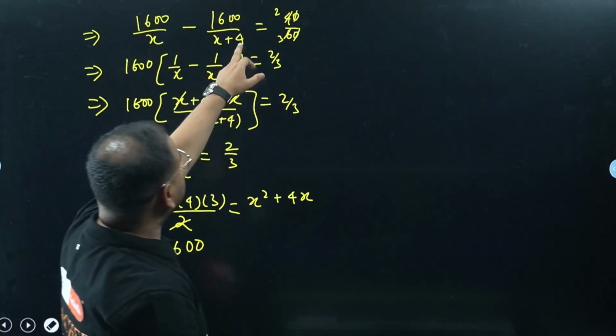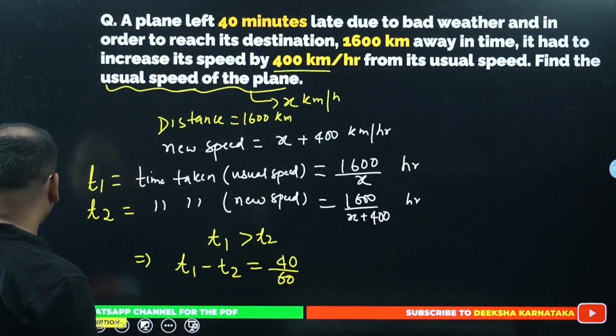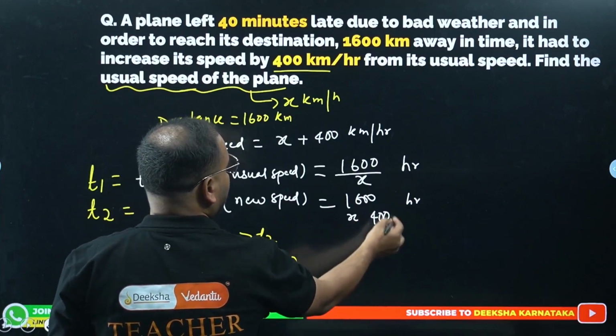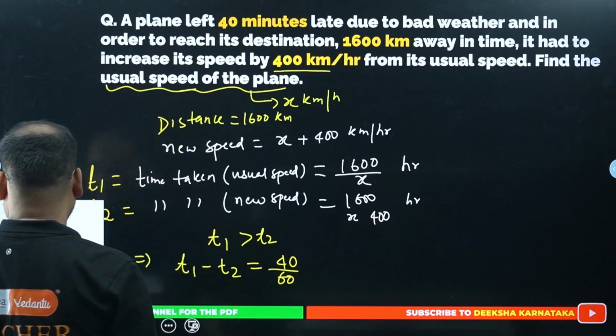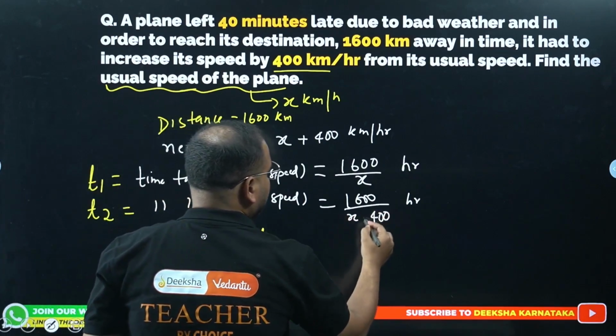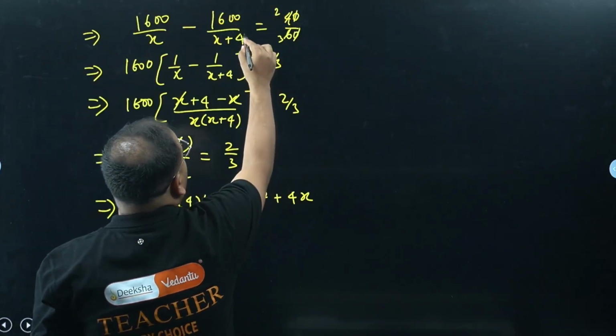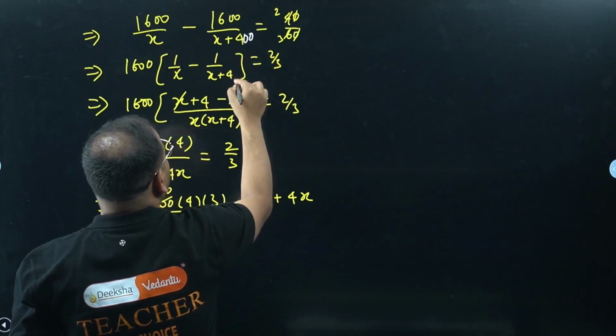I have written x plus 4. This should have been x plus 400, x plus 400. So that's what I've missed here. So this is nothing but 400. This is also 400.